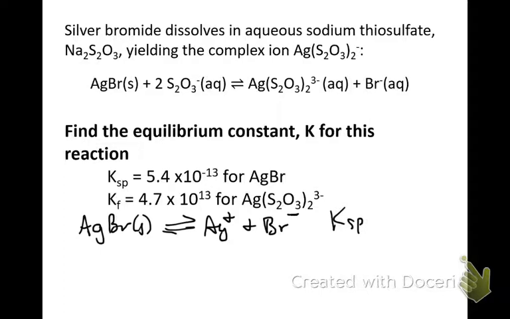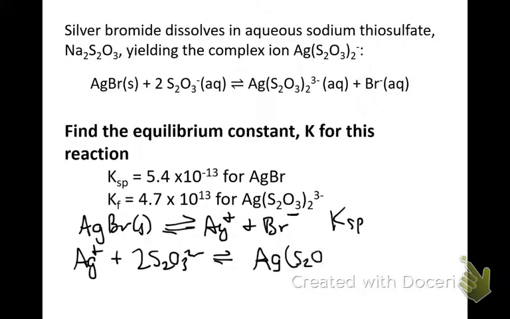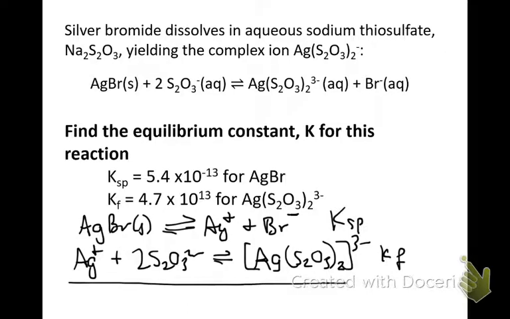And we added to that the Kf reaction where we have Ag plus 2 S2O3 goes to Ag(S2O3)2 3 minus, and that's Kf. We added those two reactions together to get this reaction, and when you add two reactions together, you multiply their equilibrium constants. So if we multiply Ksp times Kf here, then we get an overall K for this reaction of 25.4.